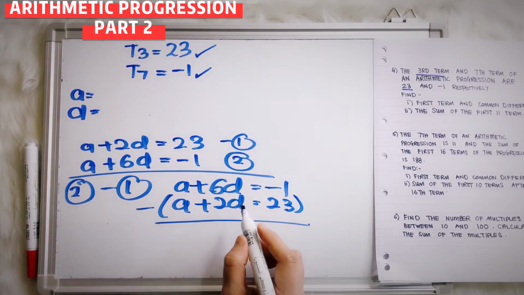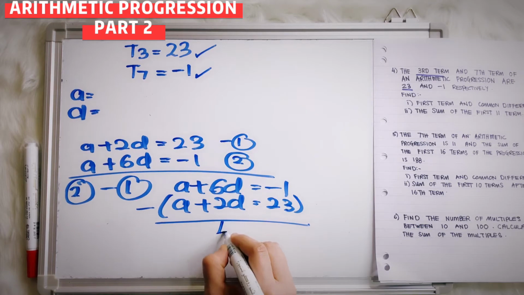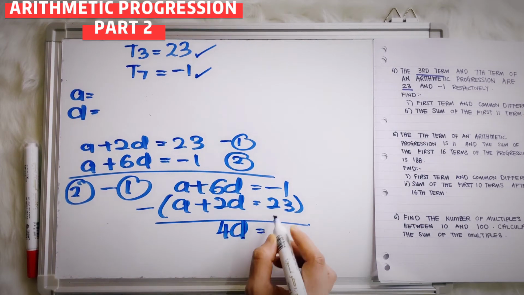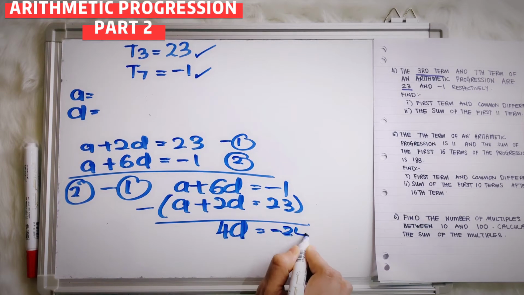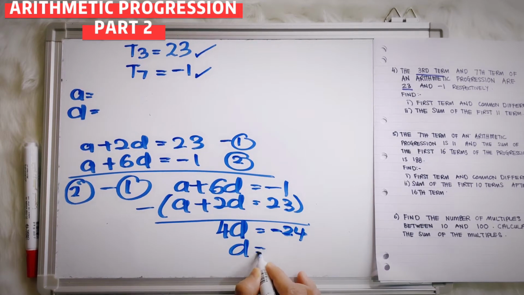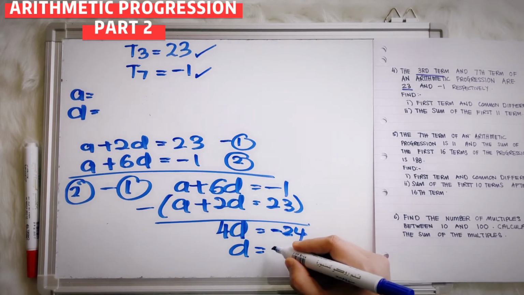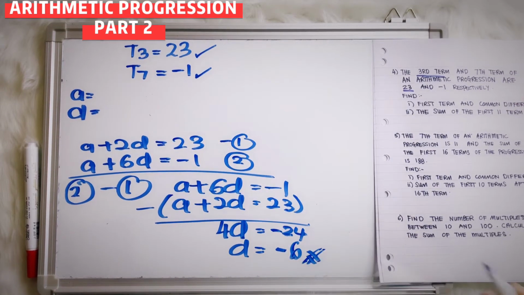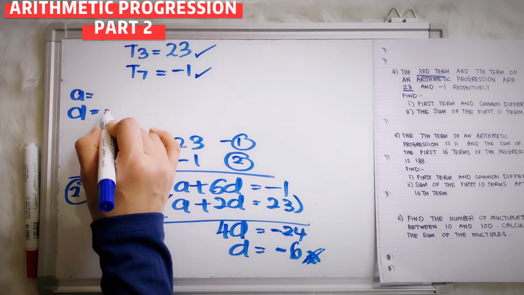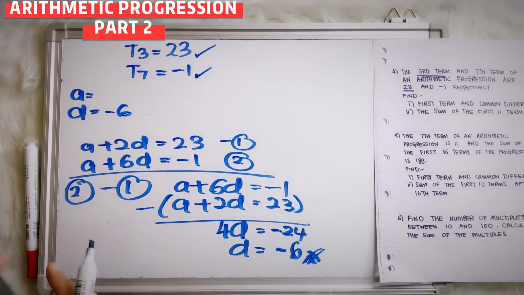So A and A finish. 6 minus 2, we have 4D equals -1 minus 23, we have -24. So our D now is -6.